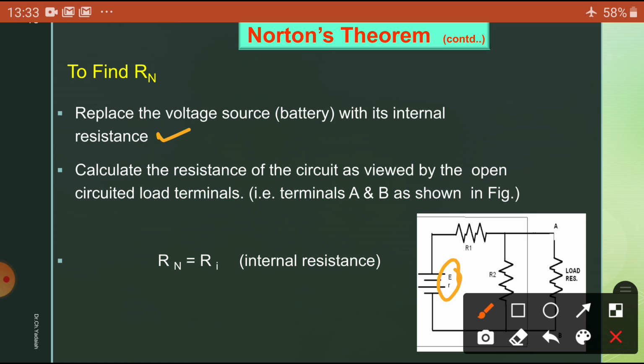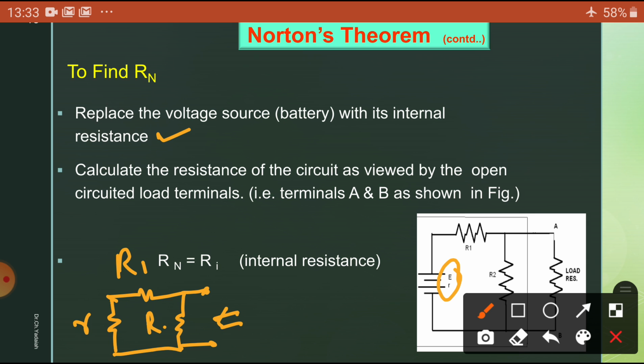That means the circuit is now represented by this one, connected to this one, and this is the A terminal, this is the B terminal. Now we can see here. This is small r, this is R1, this is R2. Then by seeing this, capital R1 plus small r in parallel with R2, simple. That is equal to R Norton.